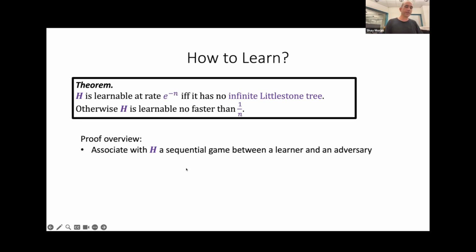Here we do something else. To every class H, we associate a sequential game between two players. One of them we call the learner, and the second is called the adversary. These games are played in rounds.